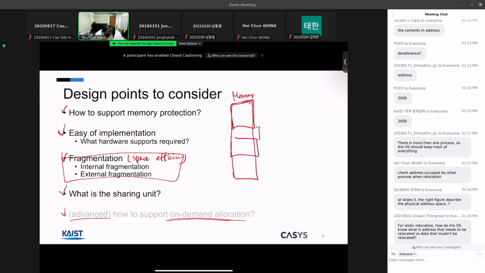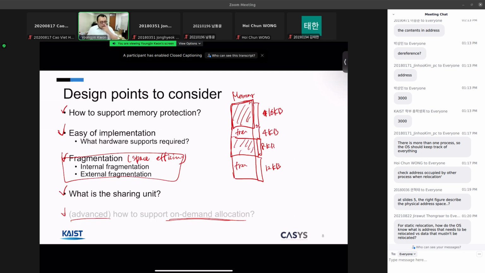Let's say this is 16 kilobytes, this is 4 kilobytes, this is 8 kilobytes, and this is free, not used. Let's say this is 12 kilobytes, free and used.